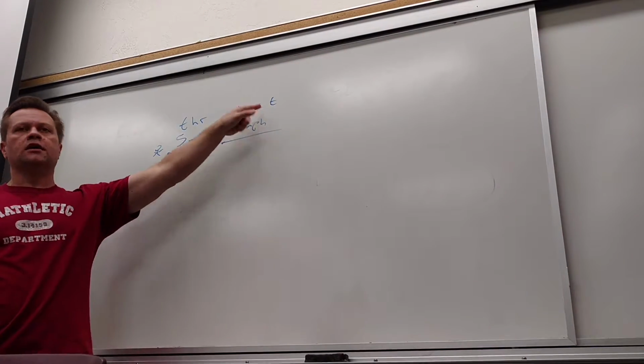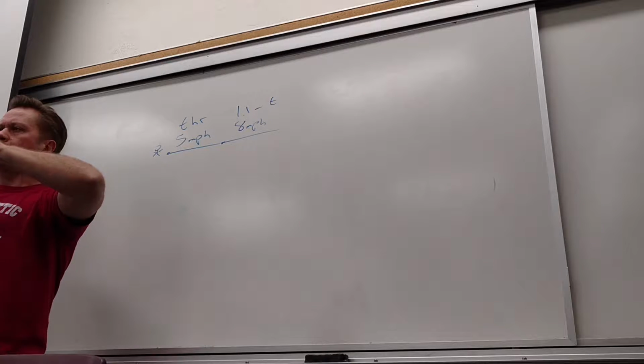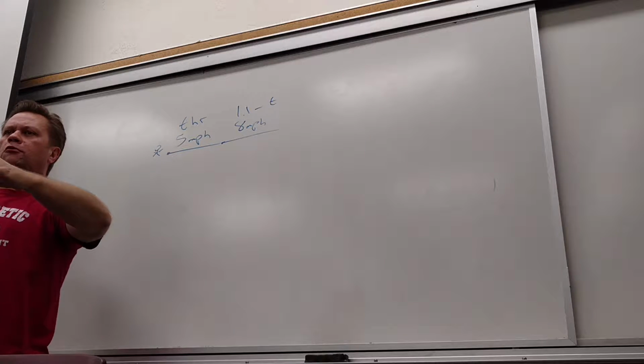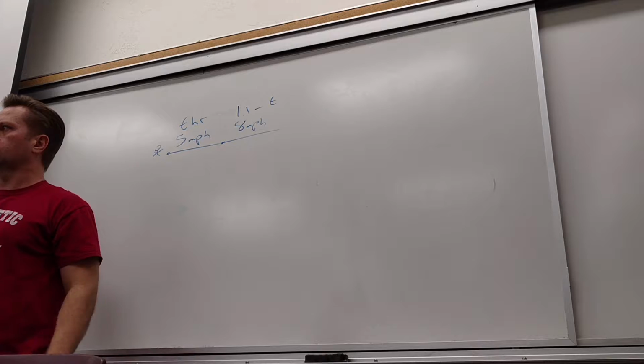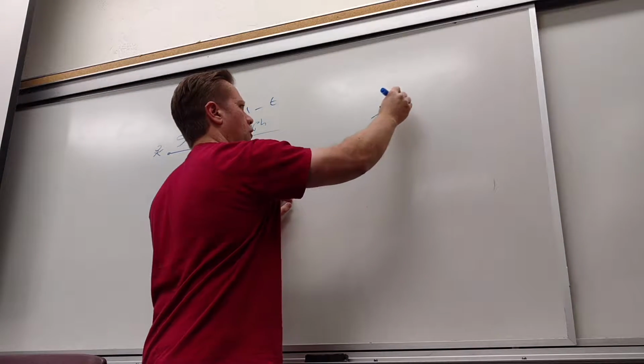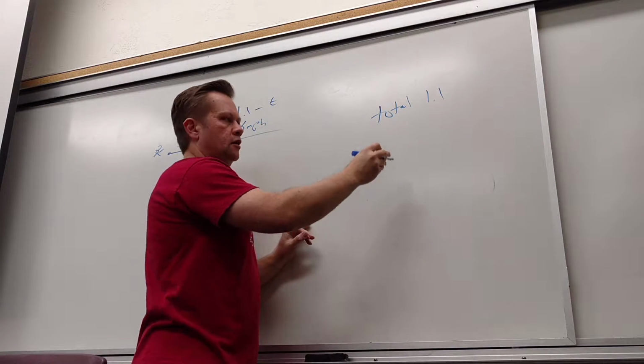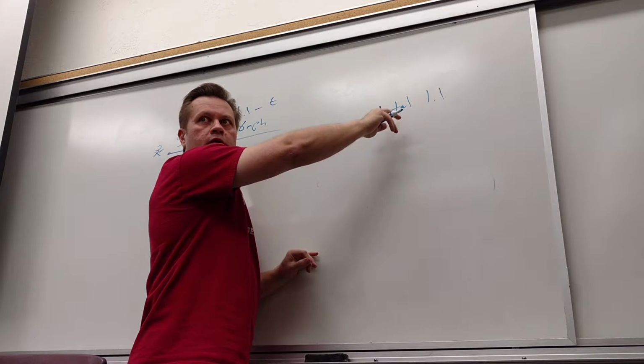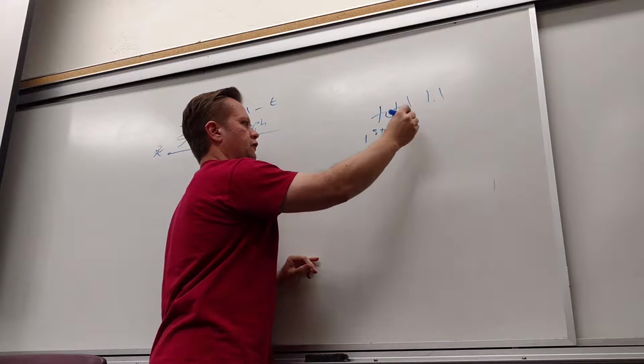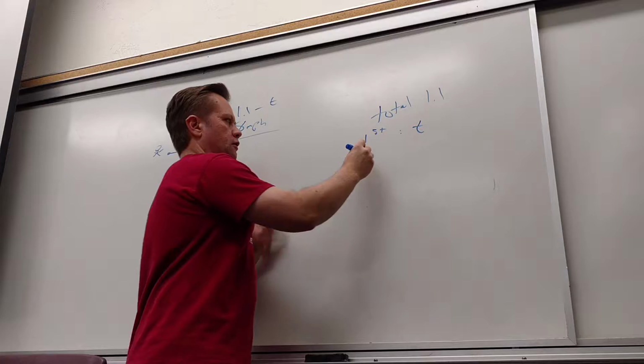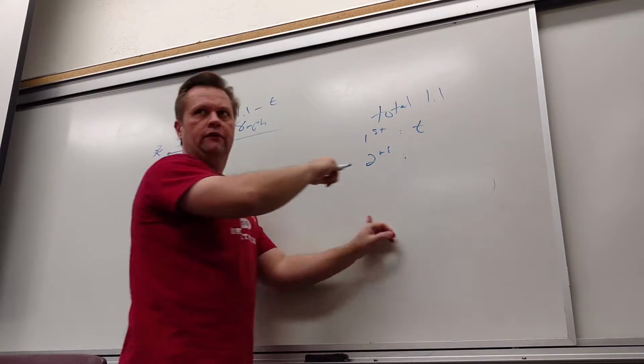Now this is interesting. If I ran for a total of 1.1 hours, stay with me now, you with me? And the first leg of it I ran for T hours, how long did I run for the second leg of it?